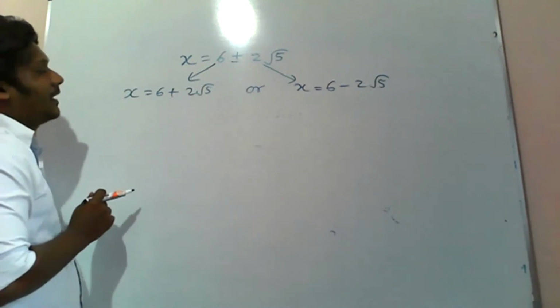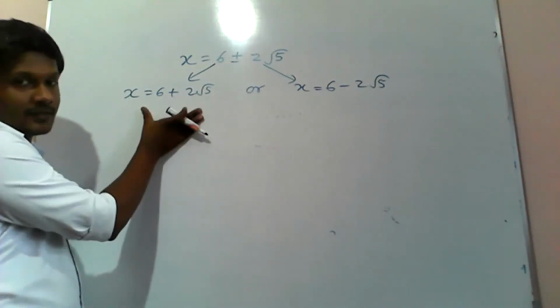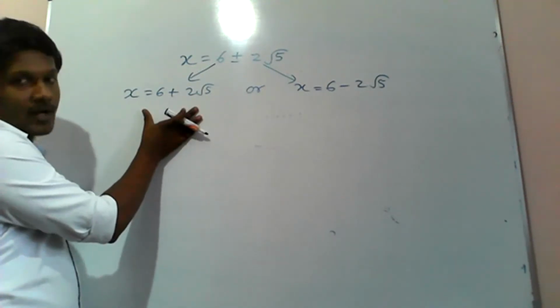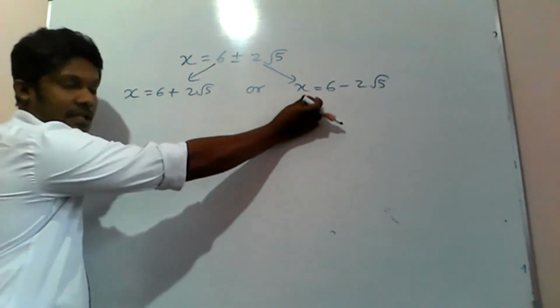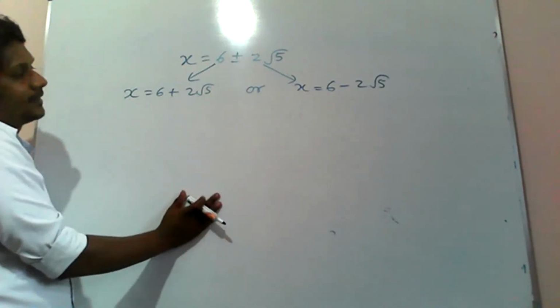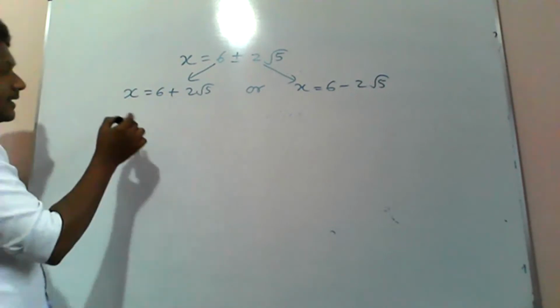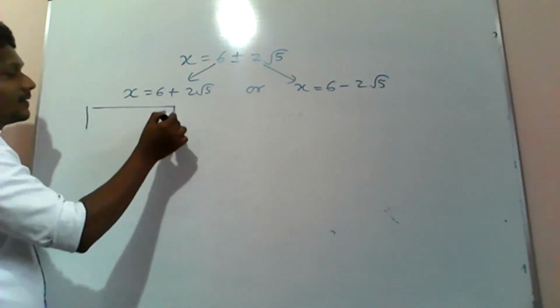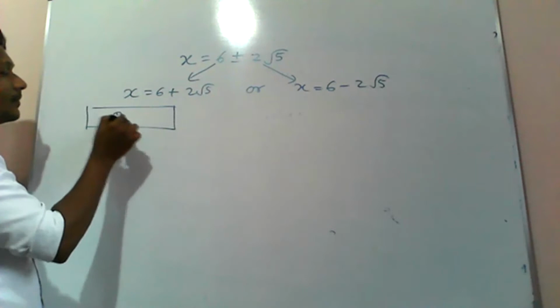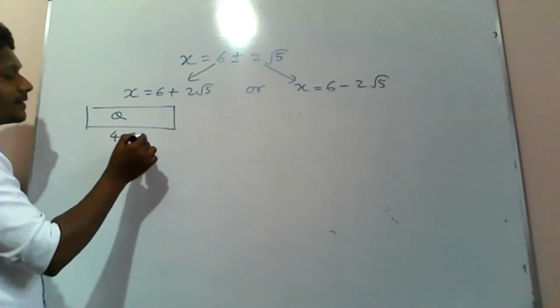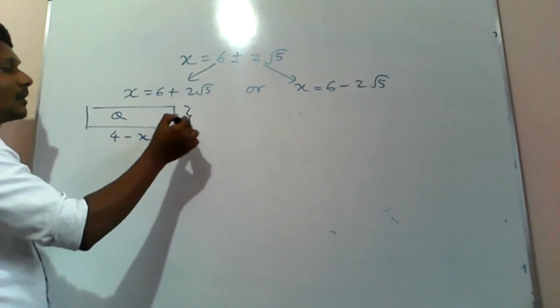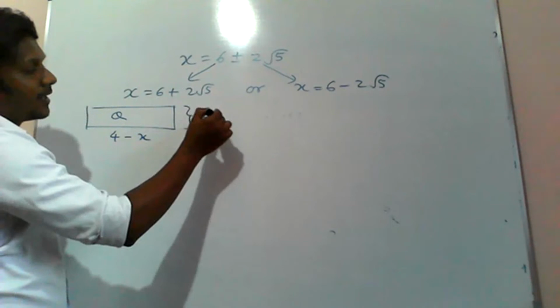Right? Okay, x means the length of the square. And we know the length of the figure Q is 4 minus x, and the breadth of the figure Q is 2 minus x.